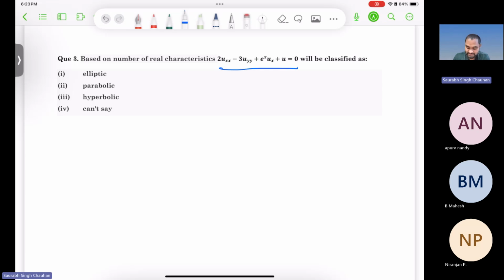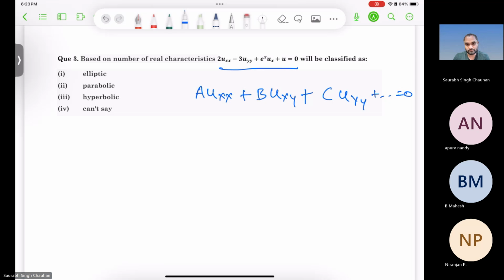We need to write that equation as a uxx plus b uxy plus c uyy plus something else is equal to 0. Now you can compare this equation with that equation.